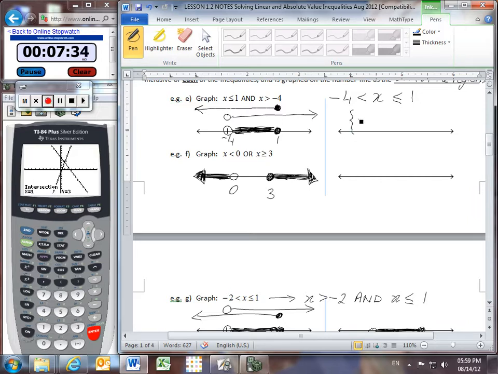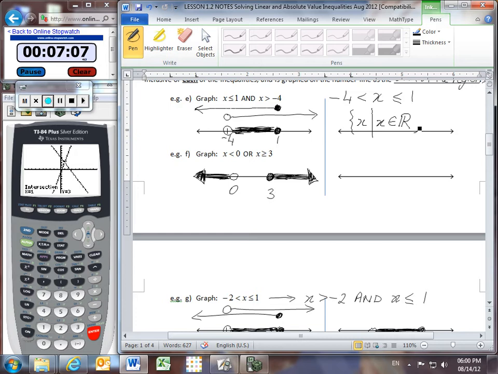We're going to say, all right, we have all of the values x such that, let's look at the number set that x belongs to. I'm not looking at only the integers or only the rational numbers or only the natural numbers. I'm including every single real number in between -4 and 1. So x belongs to the real number set.